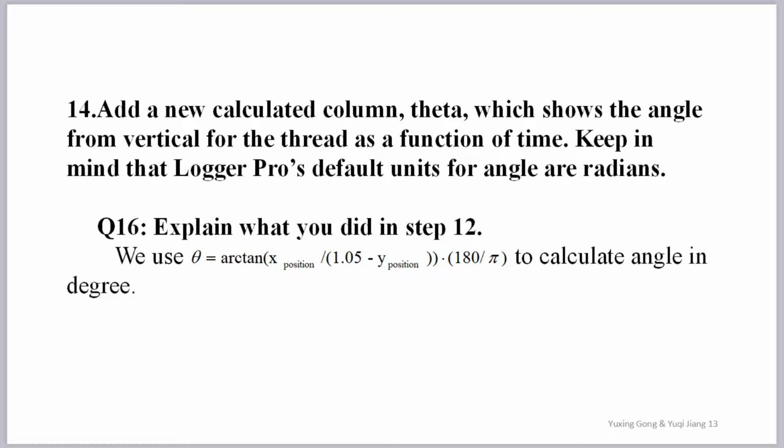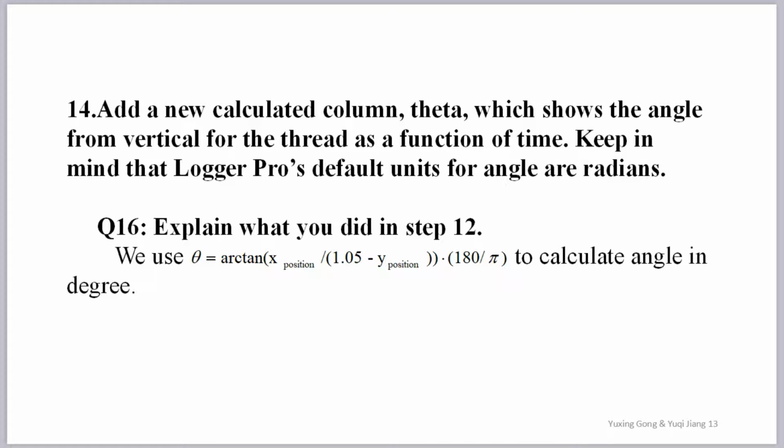Because the system in LoggerPro is in radian mode, we need to change the radian mode to degree mode. That's why we multiply by 180 degrees over pi.